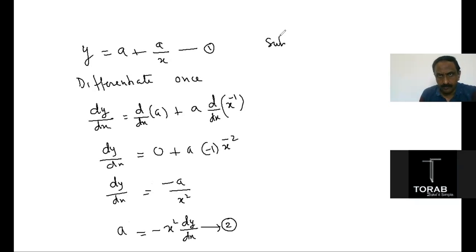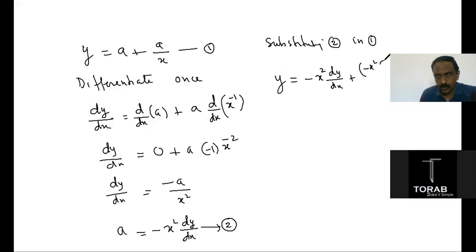Now substituting 2 in 1, y is equal to minus x square dy by dx plus minus x square dy by dx divided by x.